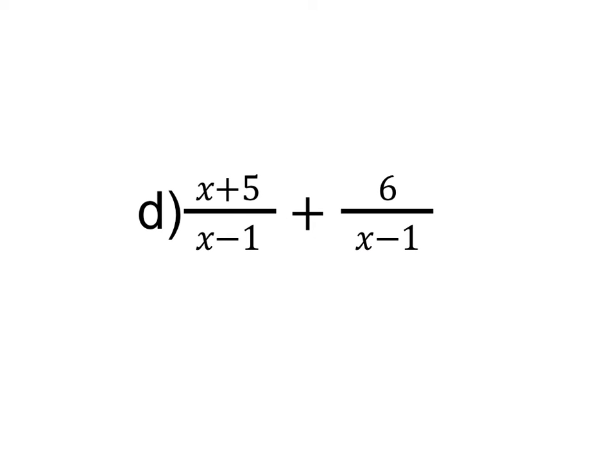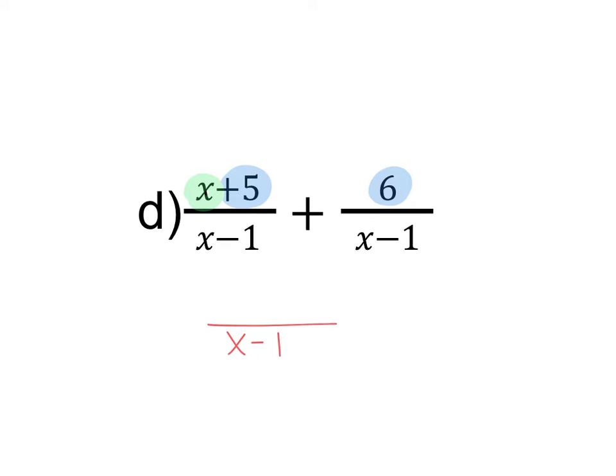All right, now we're going to do the same thing, but throw some binomials at you. So (x + 5) over (x - 1) plus 6 over (x - 1). We do have a common denominator. Cool. So I'm going to have x minus 1, and you are adding the top. Just like whenever you've added stuff before, you have to make sure you have your like terms.